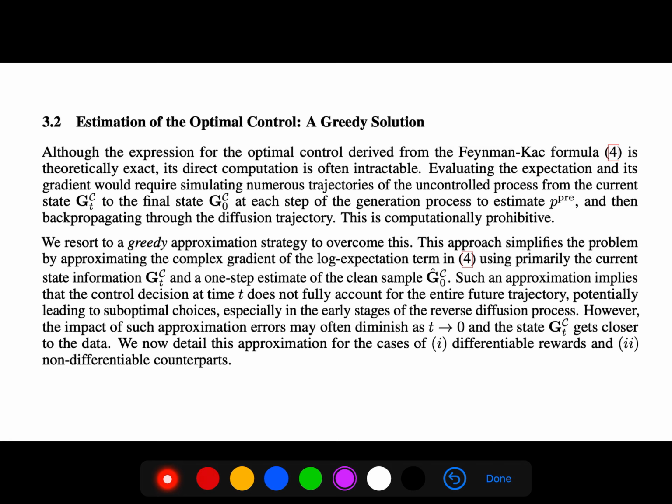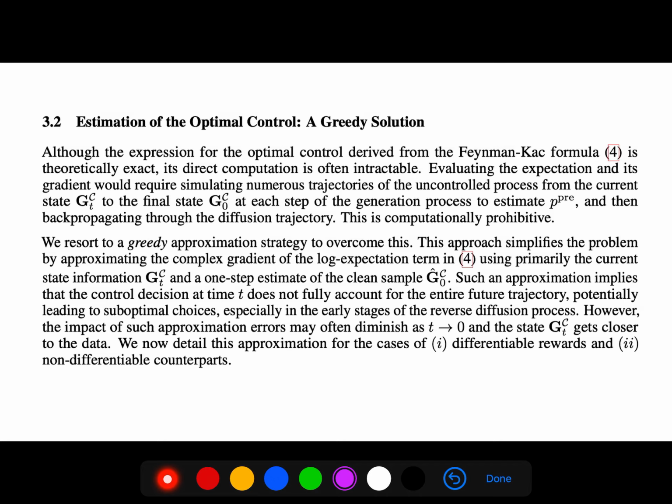Although the expression of optimal control derived from the Feynman formula is theoretically exact, its direct computation is often intractable. So we resort to a greedy approximation strategy. This approach simplifies the problem by approximating the complex gradient of the log expectation using primarily the current state information and a one-step estimate of the clean sample.